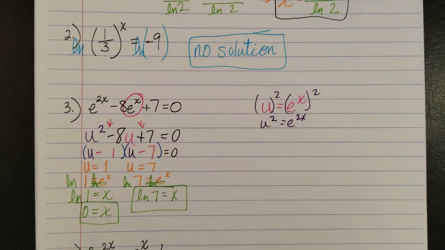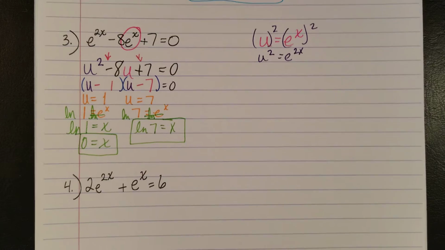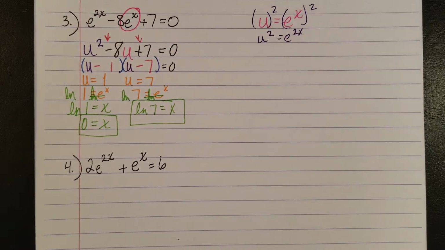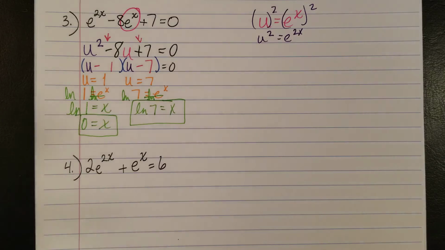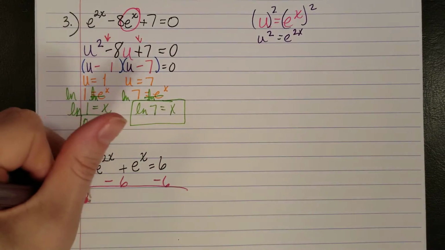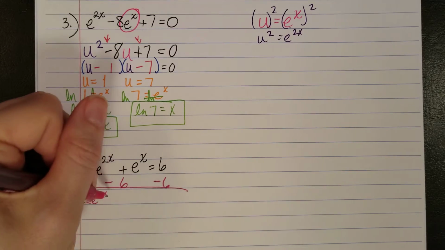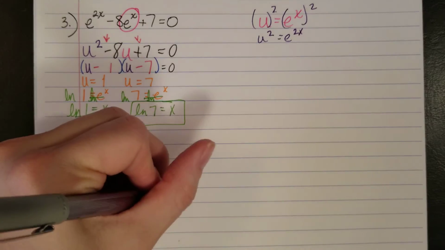All right, number 4 is going to be similar to that. So it's going to be like a quadratic. Let's move the 6 over first of all. Subtract 6 from both sides. So that would make it 2e to the 2x plus e to the x minus 6 equals 0.